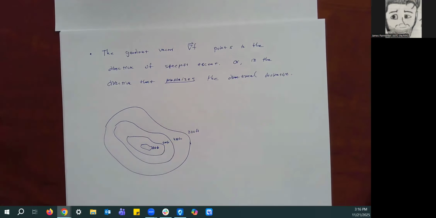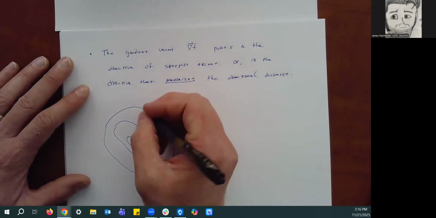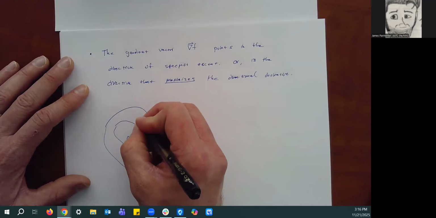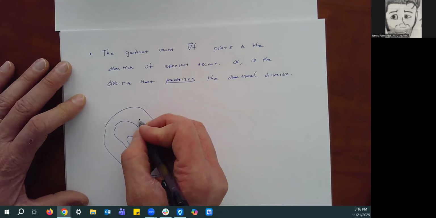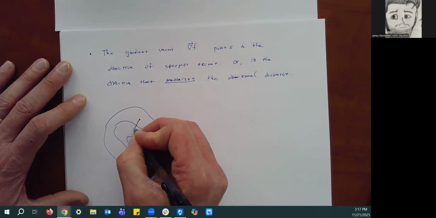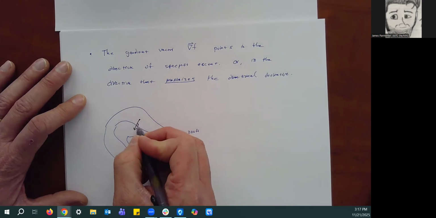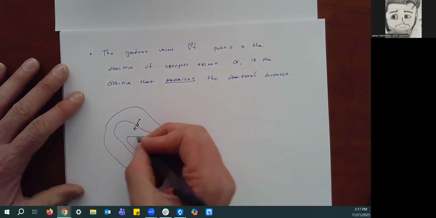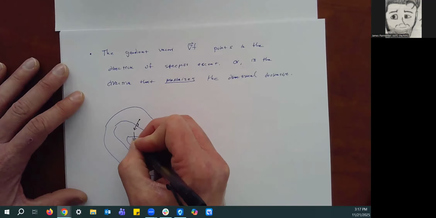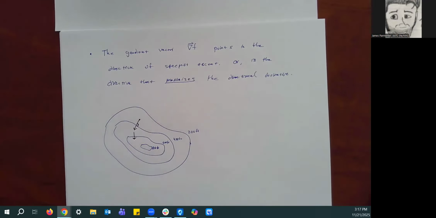If I'm trying to find the gradient at this point here, well, it's kind of funky the way I've drawn this actually. So right here, the gradient would be pointing that way because I have to cross this contour perpendicularly. But then if I kept moving, my gradient would change directions and be pointed that way. So the gradient at a particular point is the vector that points in the direction perpendicular to your level curves.